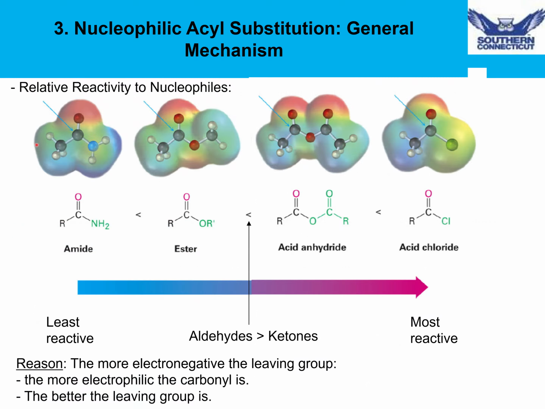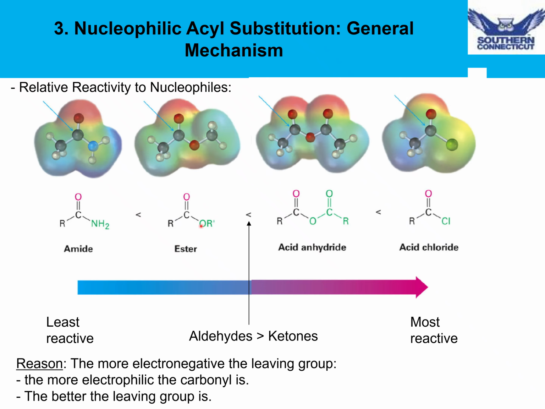Let's take a look now at the differences in reactivity between different acid derivatives and also compare them to aldehydes and ketones. So in general, amides are the least reactive acid derivative towards nucleophiles.